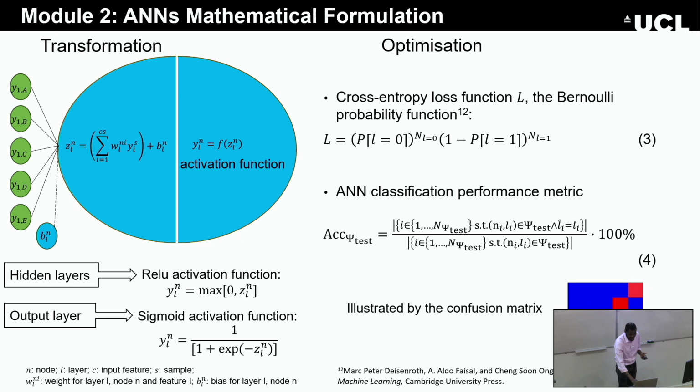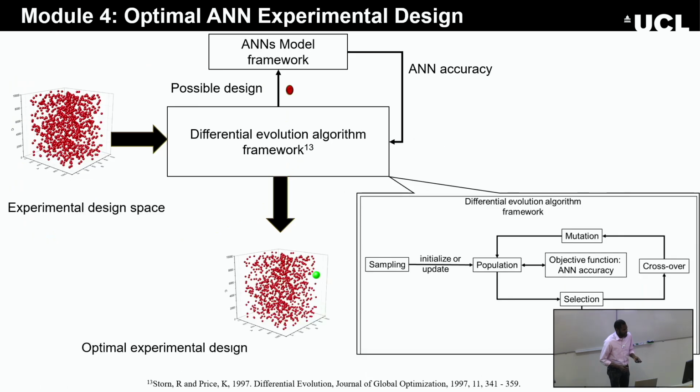So basically, the numbers found on the diagonals over all the numbers found in the matrix will give us the accuracy of the network.